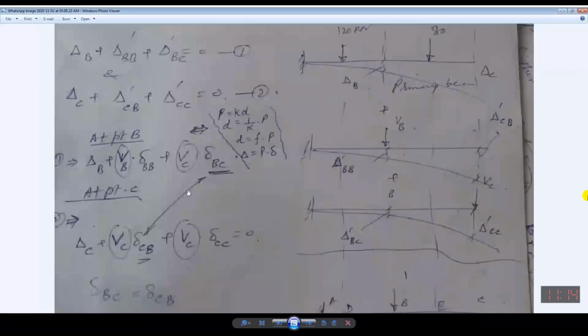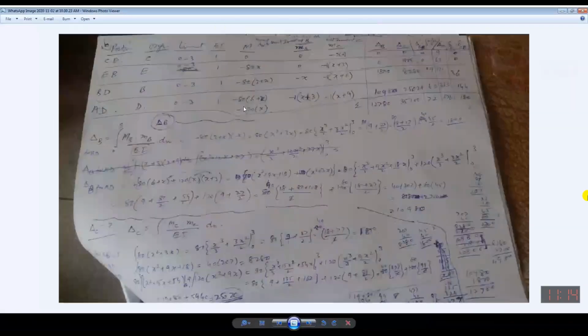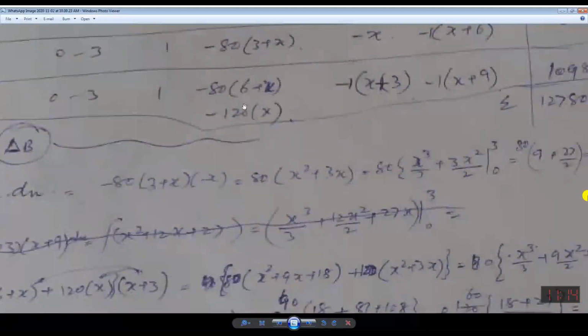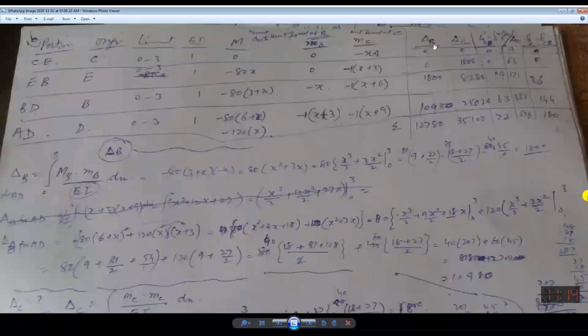So to calculate delta B, delta C, small delta BB, I can further move to this one. Delta B, what is the delta? If it is capital delta, it means due to the applied loading, okay?